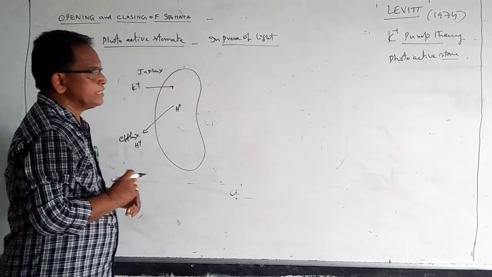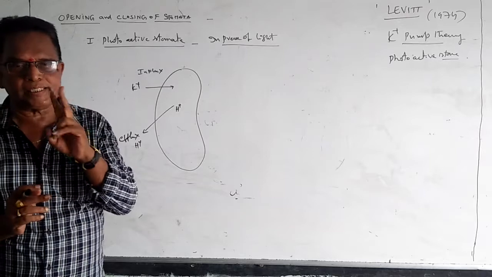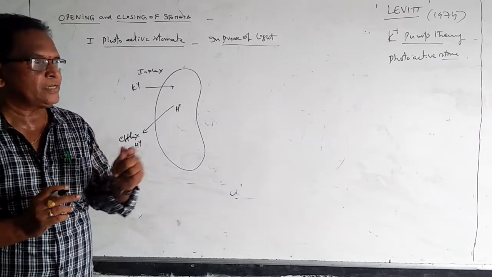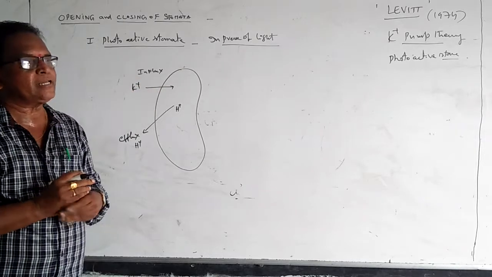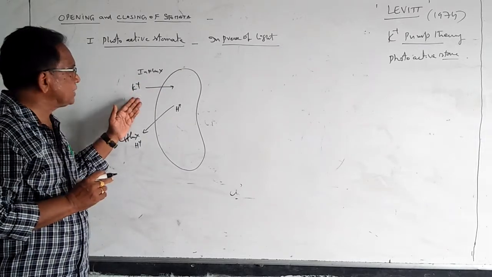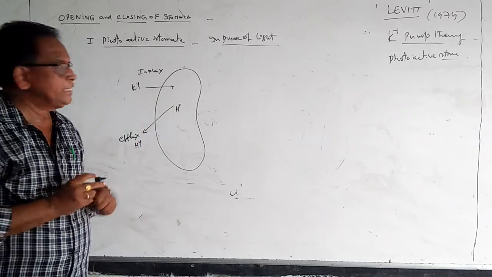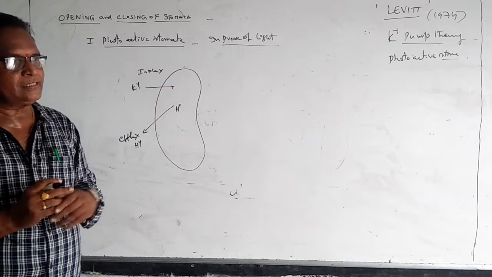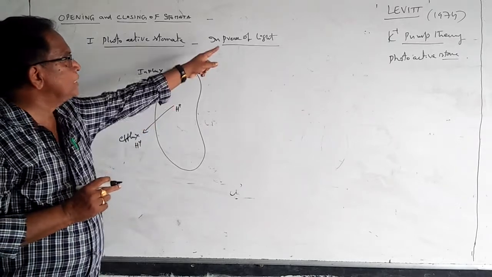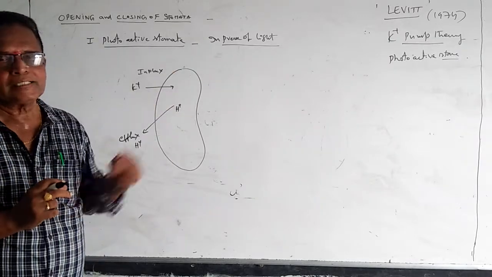So in the presence of light, two things will occur. The first one is a gradual entry of potassium cations from the subsidiary cells into the guard cells. Entry of potassium cations into the guard cells is called influx, and this is done only in the presence of light.